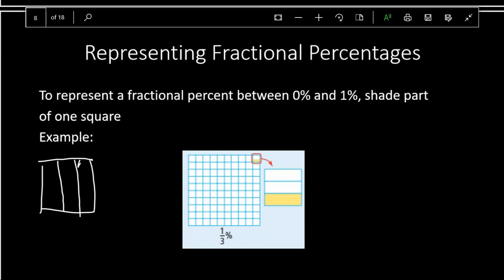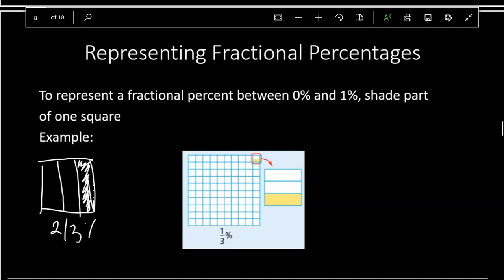And then we only need to shade in one of them because it's 1/3. If I wanted to shade in 2/3 of a percent, we would just shade in a second one. So it's just that easy.